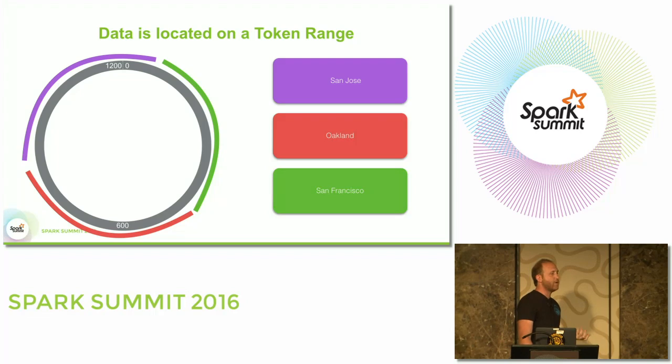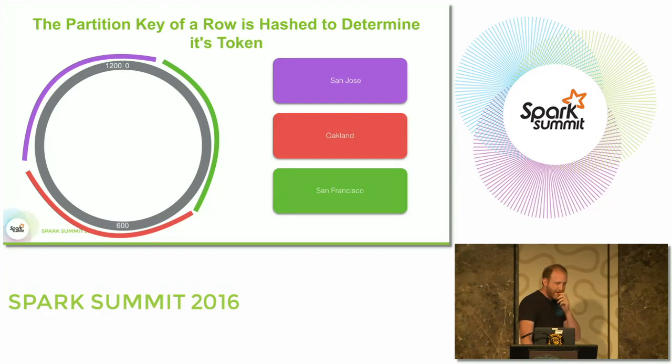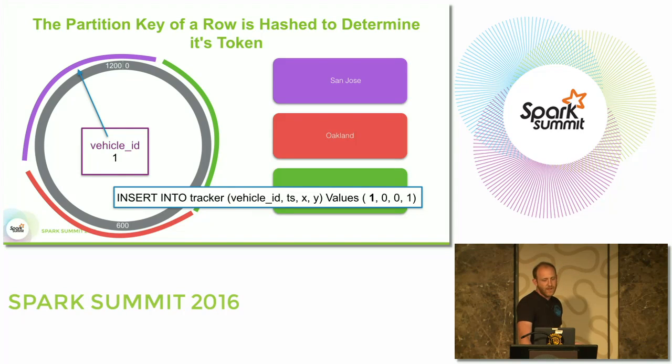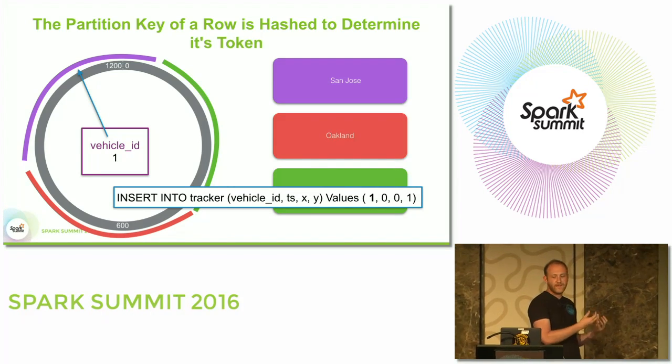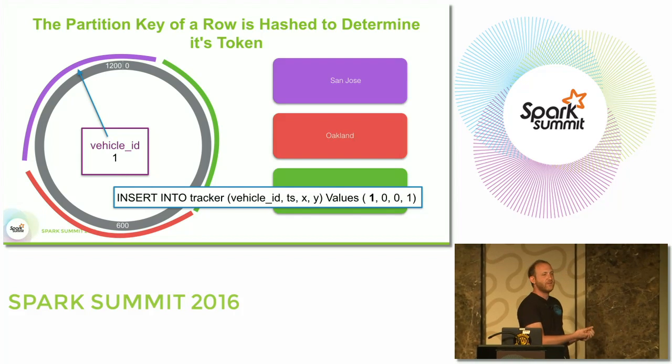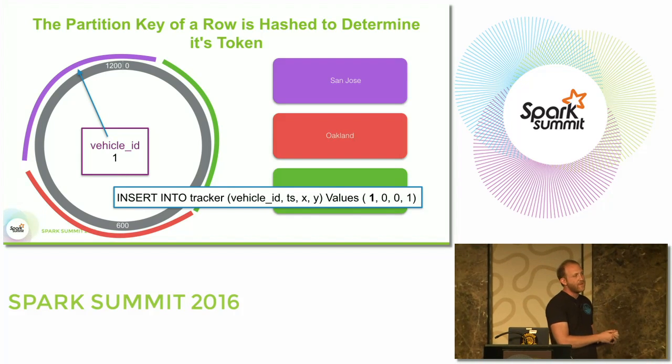How do we actually know what the token of a particular row is? Well, we do that by looking at that partition key value that we talked about before. And basically what will happen if we do that same insert is that we'll get that vehicle ID, which will have a particular value. We'll take that value, and we'll hash it using a special internal function. That hashed value basically will turn into a value somewhere on this token range and tell us exactly what node it belongs in.